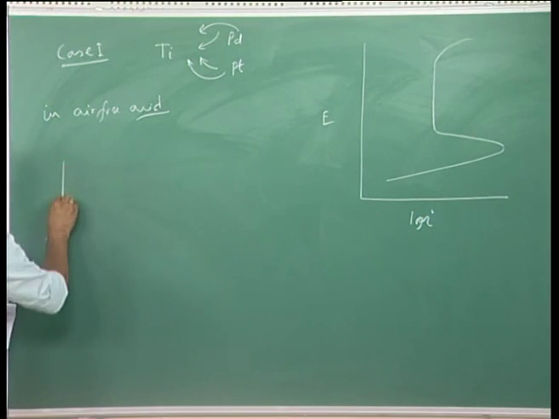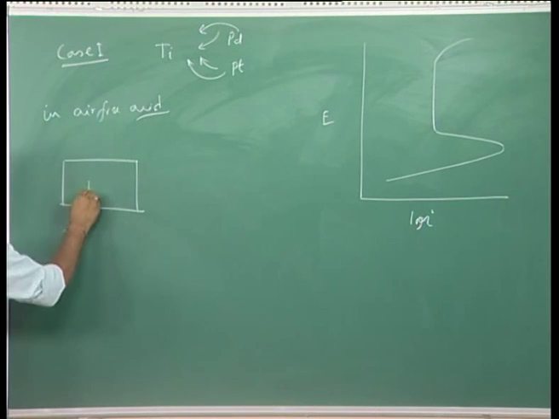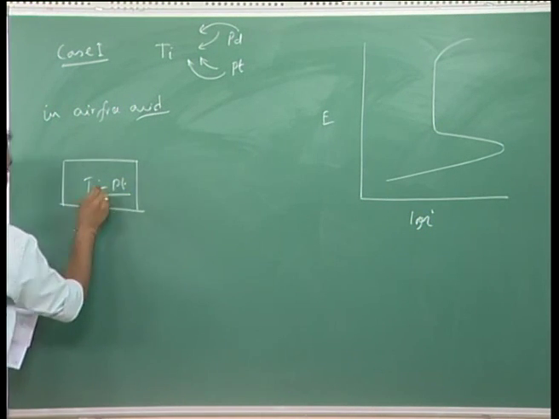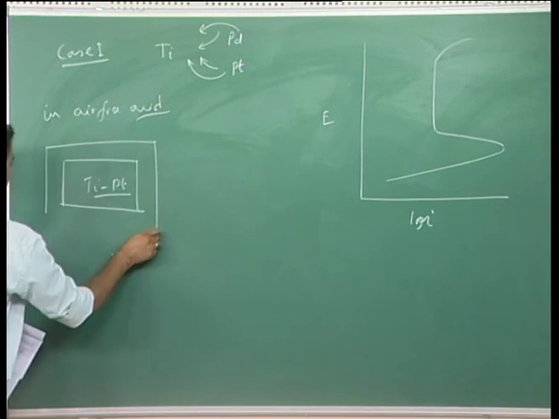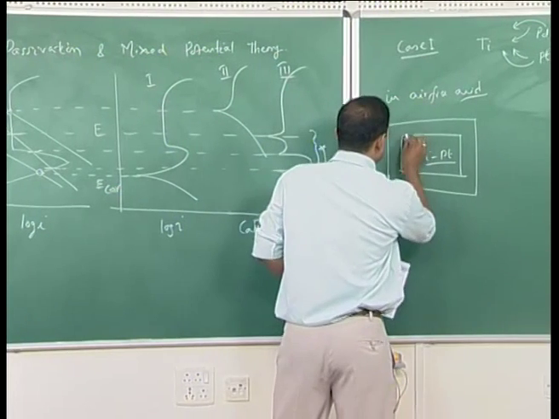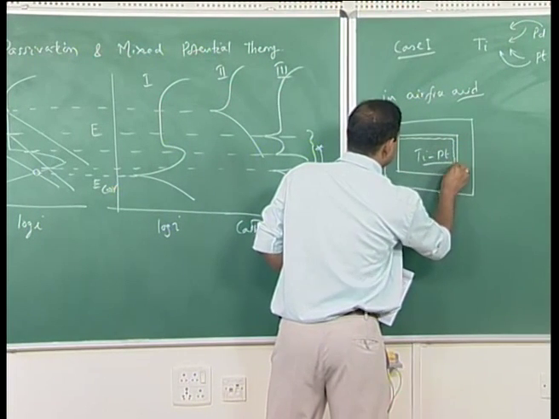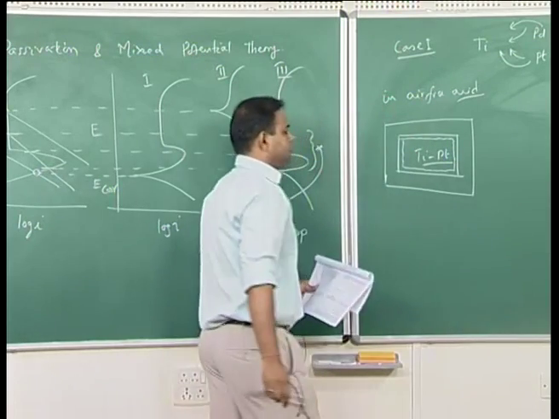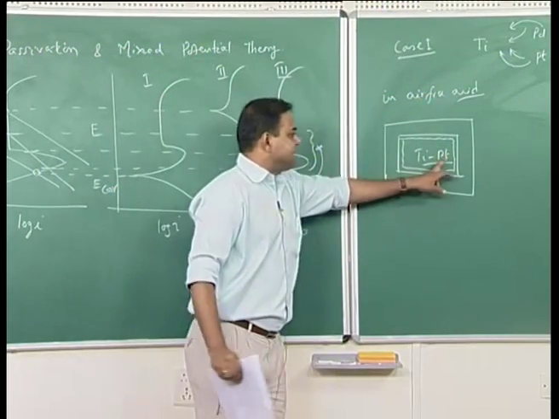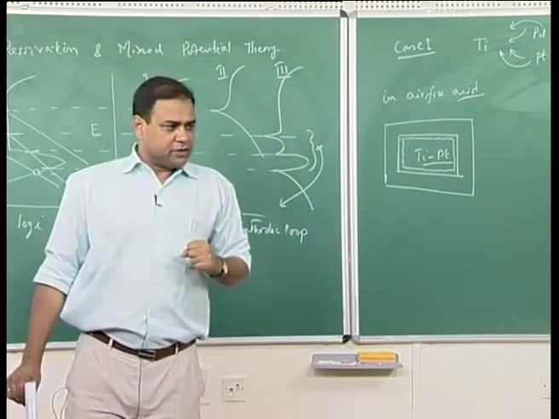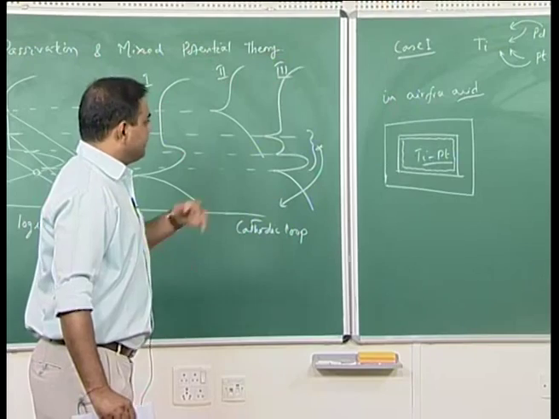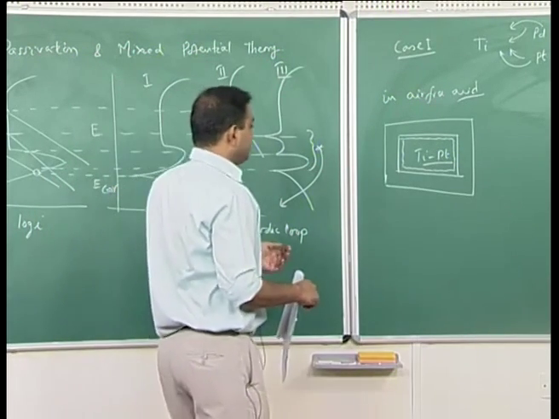Now, let us say this is my titanium and platinum. It is a uniform homogeneous mixture, and that is in alloyed form. Now, if you dip it in the acid, if there is homogeneous corrosion, then since platinum is noble compared to titanium, there would be a sort of phenomenon. That phenomenon will be discussed more by Professor Chaudhary.